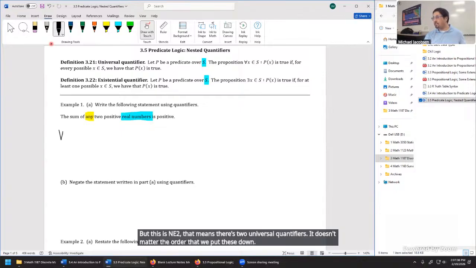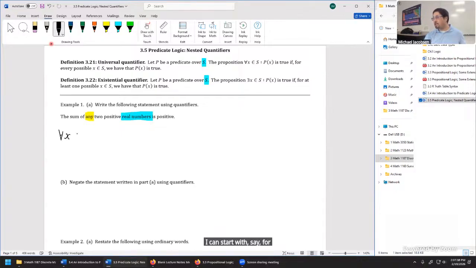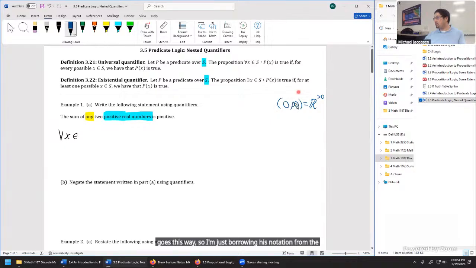I can start with, say, for all x in the set R, let me target that as well. For all x, either write, say, 0 to infinity if you prefer. Our author often goes this way, so I'm just borrowing his notation from the reading of the book. So either way is going to be just fine to write this down.